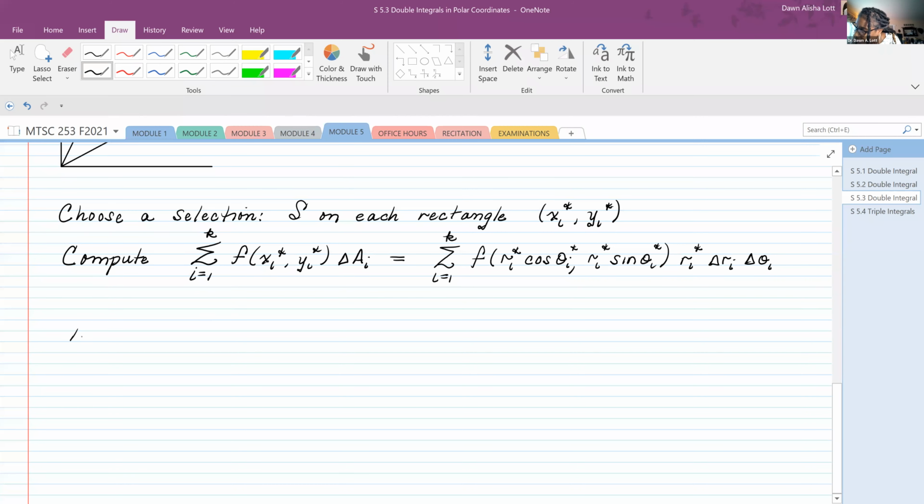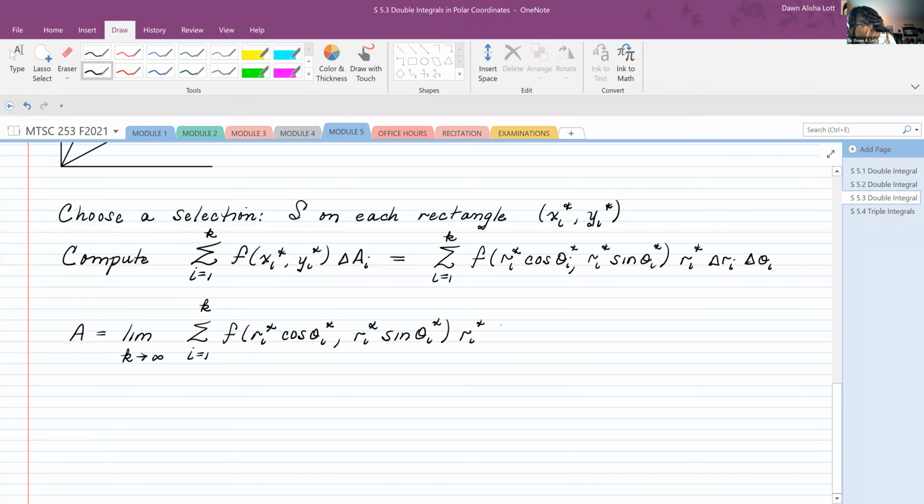So then the area is the limit as k goes to infinity of the sum i equal 1 to k of f of ri star cosine of theta i star, ri star sine of theta i star, times ri star delta ri delta theta i.